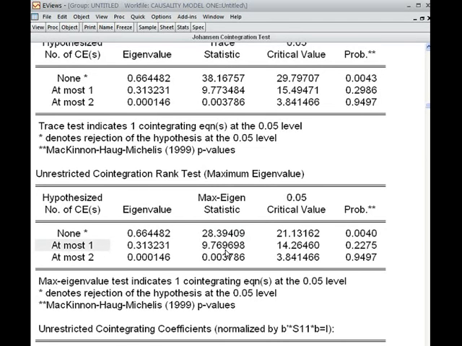And we can also see from here, max eigenvalue statistic is less than critical value. So what is the guideline? The guideline is when the test statistic is smaller than critical value, we cannot reject null hypothesis. Rather, we accept null hypothesis. So, what is the decision? Max eigenvalue test indicates one cointegrated equation at 5% level.